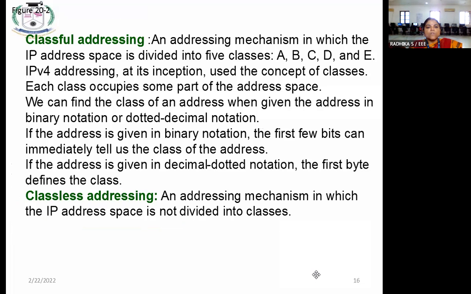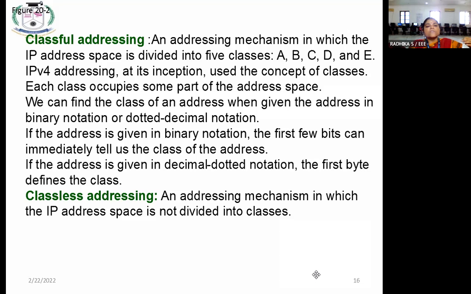In the classful addressing scheme, we divide the entire address space. As I told you, when 32 bits are available to represent an address, we can have 2 power 32 combinations, or at most 2 power 32 devices which could be addressed.